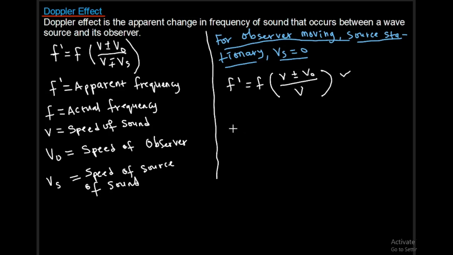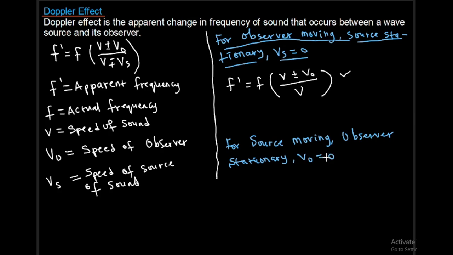Now, for a case where you have the source moving and the observer stationary: if the observer is stationary, the speed or velocity of the observer will be equal to 0.